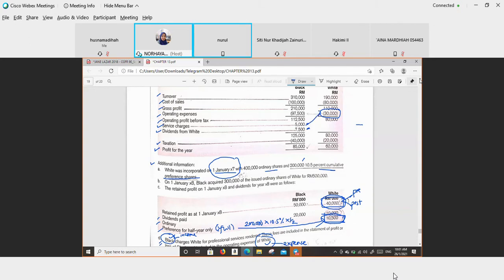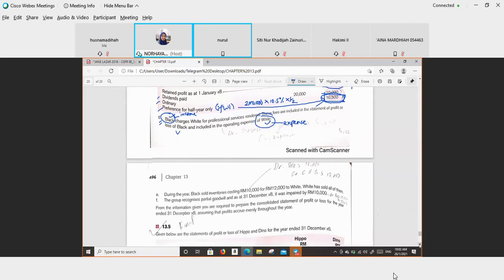So meaning you have to take out the 5 million, and then you have to take out the 5 million here later in the consolidated profit or loss. Why do you have to take it out? Intercompany transactions. Yes. Okay, next.